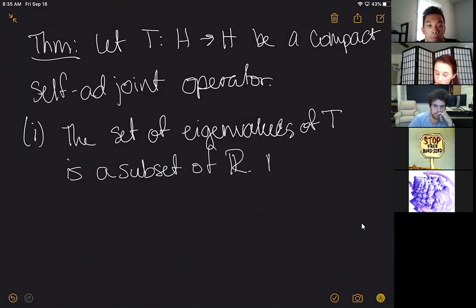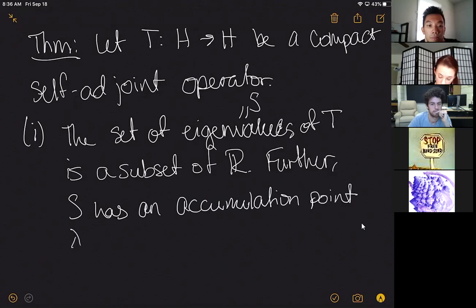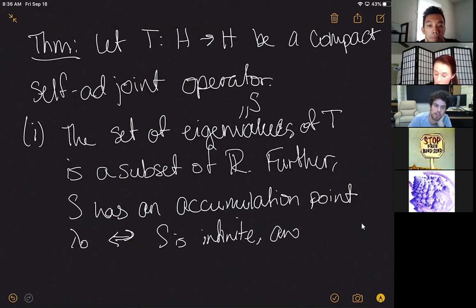And further, S, the set of eigenvalues, has an accumulation point lambda sub 0 if and only if S is infinite, and lambda 0 is 0.